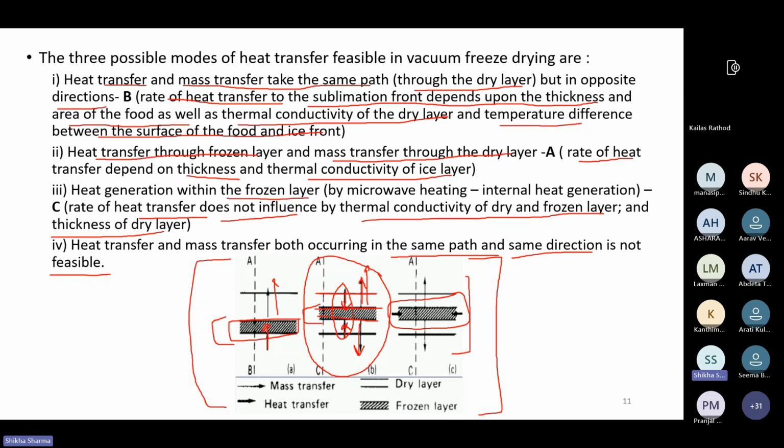So heat will go into the frozen layer, and moisture is going out. Here it is not talking about the direction, it is just talking about one direction.